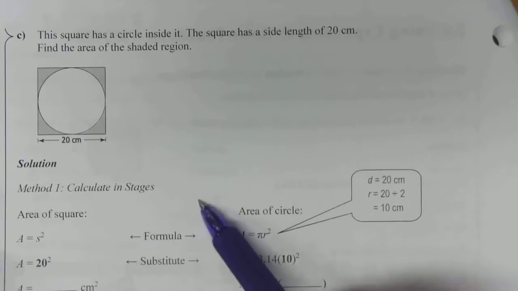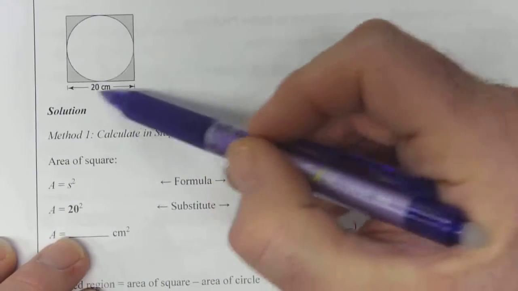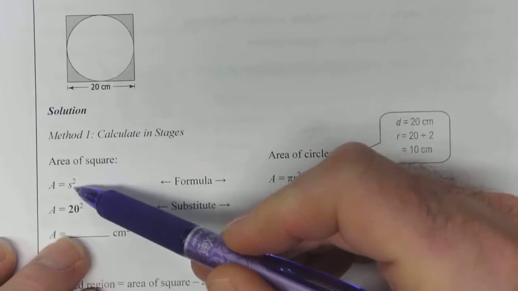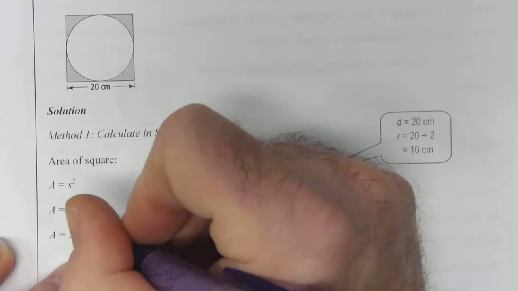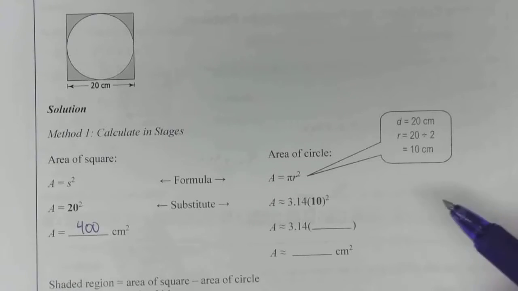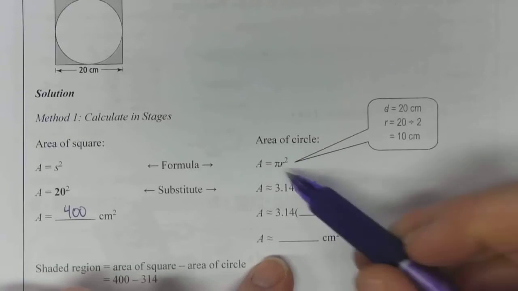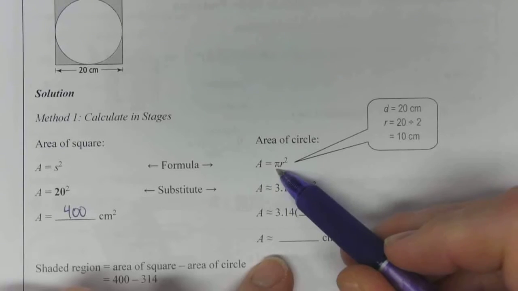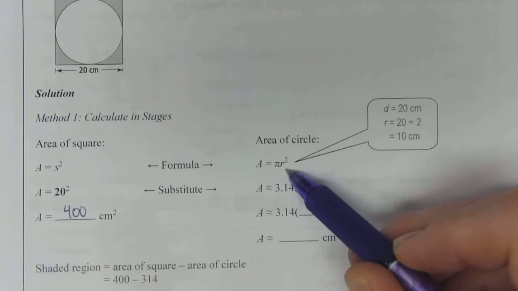So method 1, calculate things in stages. So the area of the square, the full square, is s squared. So that's 20 squared, or 20 times 20, 400 centimeters squared. Then you can calculate the area of your circle as the second step. Area of a circle is calculated pi, or 3.14, times the radius squared.